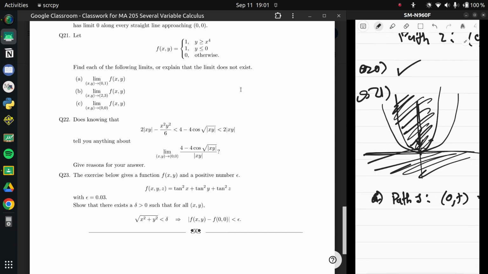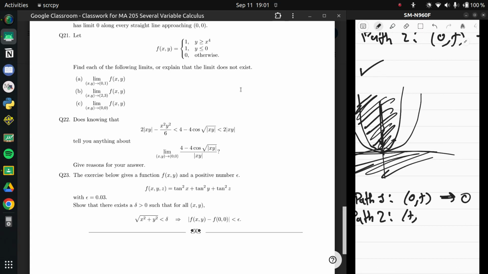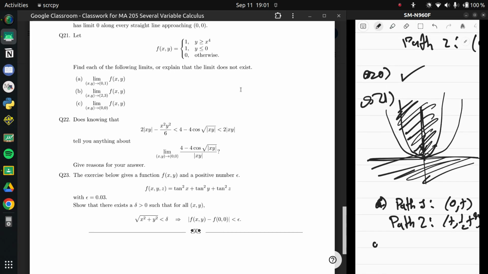This is C. Oh, sorry, this is 1. A is as y tends to 1 and x tends to 0.